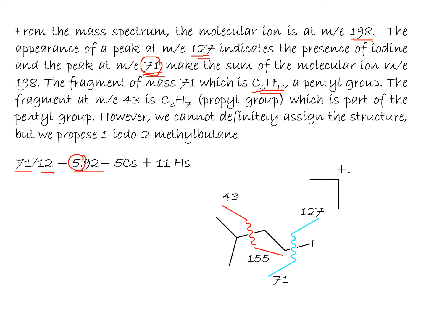Take 5 carbons, which makes a mass of 60. The rest will be 71 minus 60, which is 11 hydrogens. So it is C5H11. The peak at 43 belongs to the propyl group C3H7, which most likely again is a part of the pentyl part.